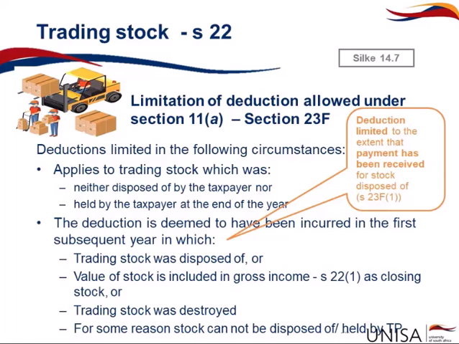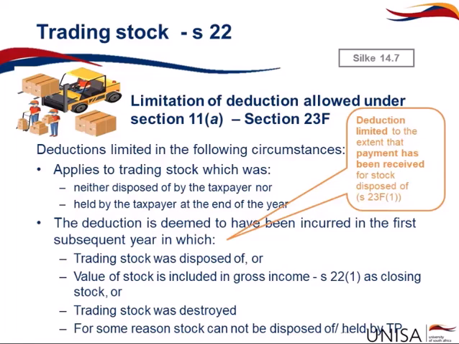So what does that mean? That could be that there are certain goods in transit. So at the end of the year, those goods are not in your stock take, okay? So that would be not held by the taxpayer at the end of the year.